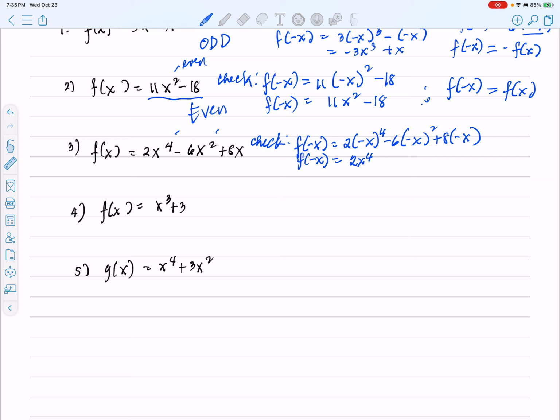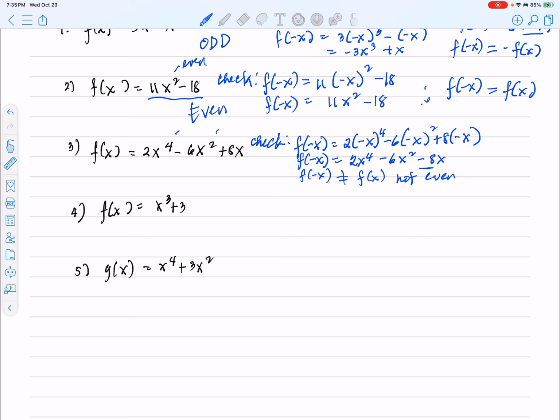Negative x squared is positive, so negative 6x squared. And 8 times negative x is negative 8x. Do we come up with the same as the given function? What differs here is this term. So in other words, f of negative x is not equal to the function of x, so this is not even.